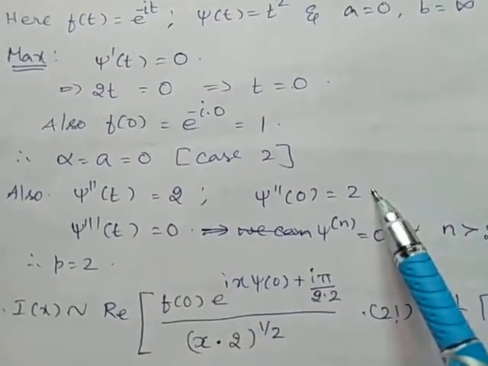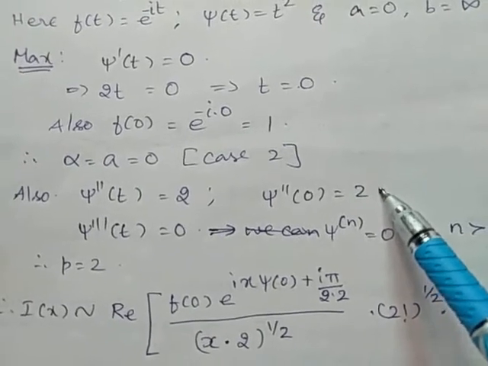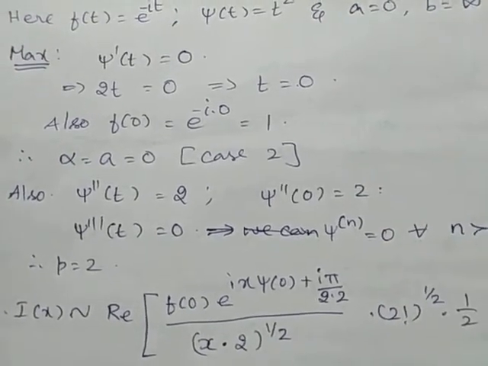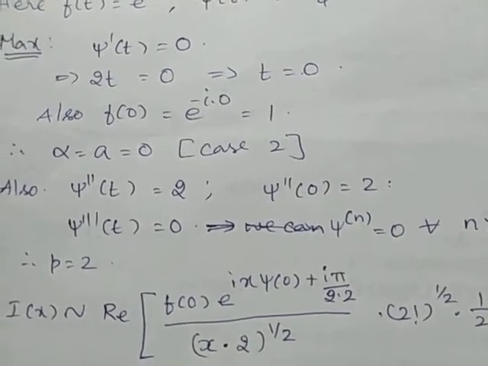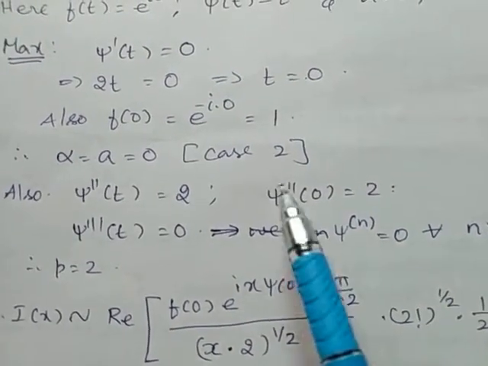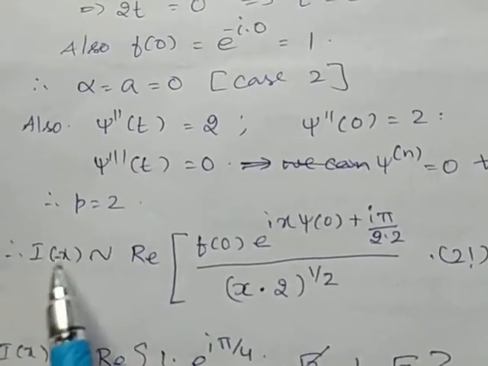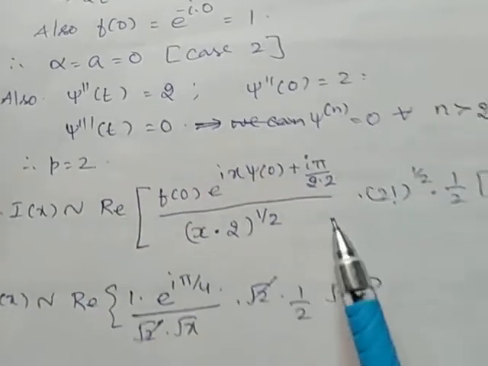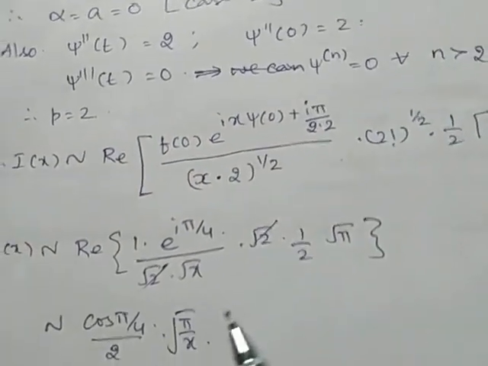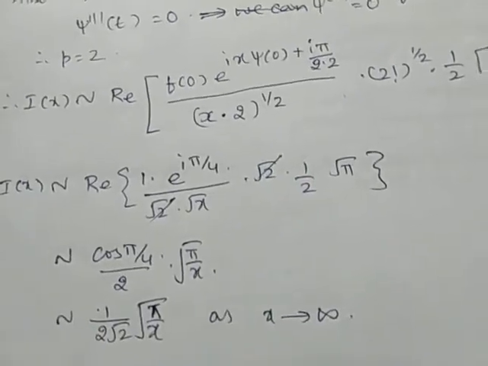It is greater than 0, so we can stop. See, in the method of stationary phase, it need not always be less than 0. It can be less than 0 or greater than 0. So we are having 2, we can stop here. Then substitute the value of p in the general formula and simplify, you will get the answer.